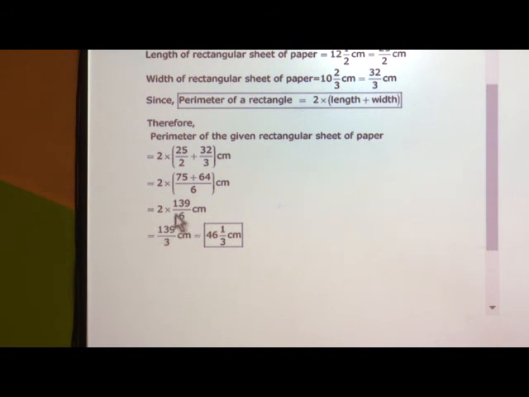So, we will have 139 upon 3 centimeter. 139 upon 3 centimeter is an improper fraction. So, we have to convert it into a mixed fraction by doing the division.